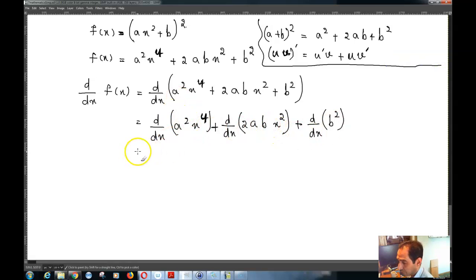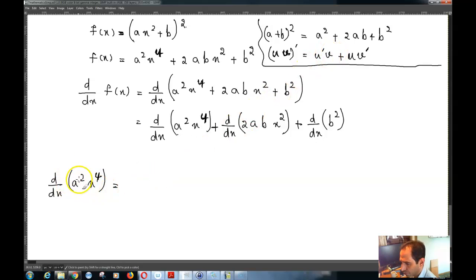And so you can write this step by step and then we will add them back together. So let's say that you have d by dx of a squared times x raised to the power 4.